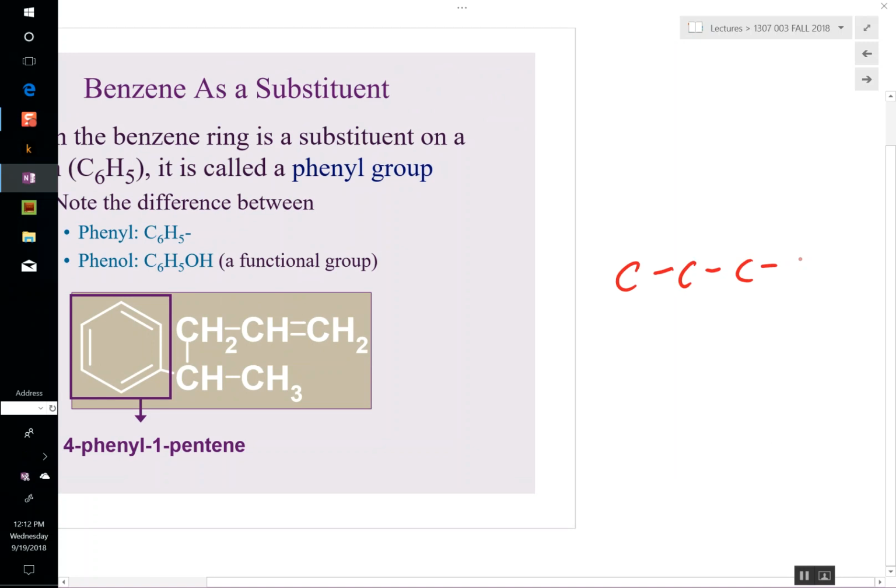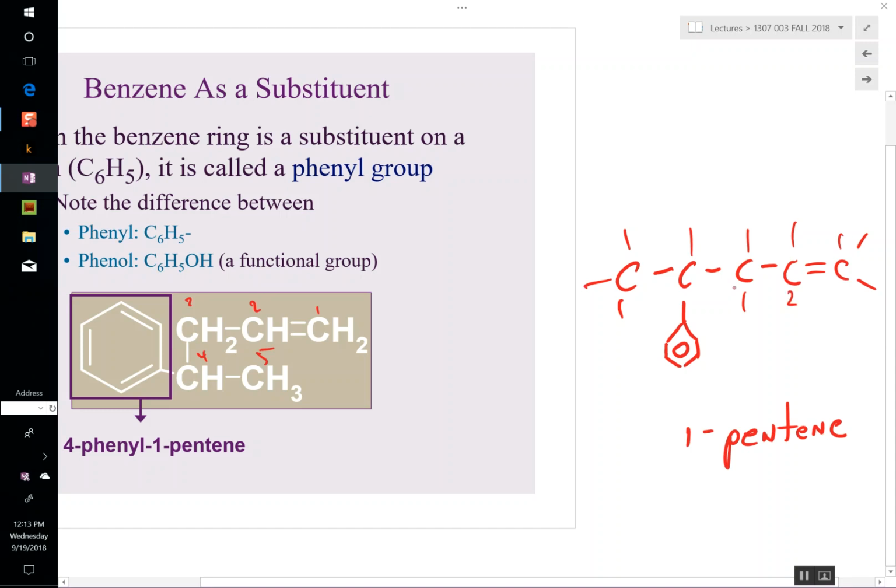What do we have here? We've got 1, 2, 3, 4, 5 carbons, and on the 4th carbon we have a benzene ring. So ignore the benzene ring for a minute. I put too many hydrogens. If I look at that, it's 1-pentene, right? Now on the 4th carbon, I have a benzene ring.